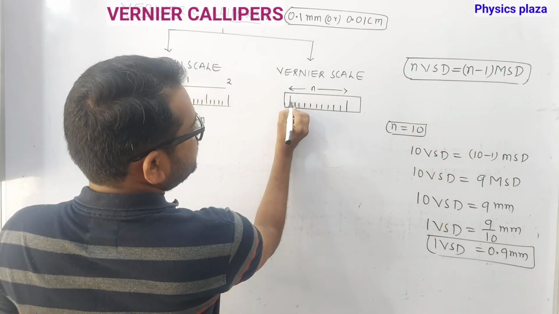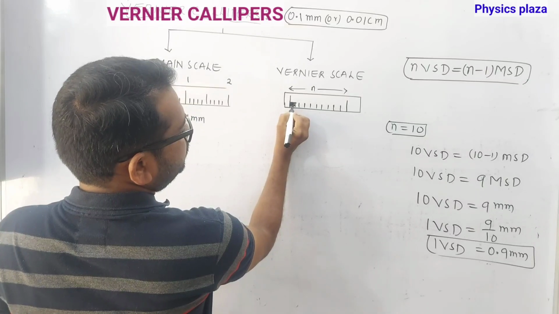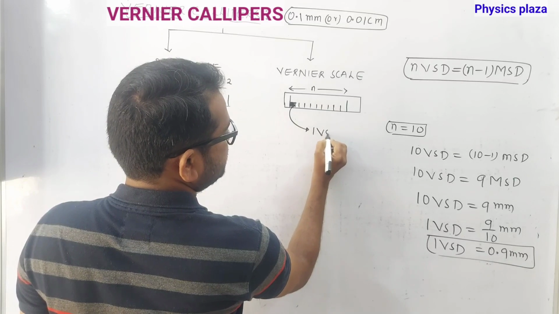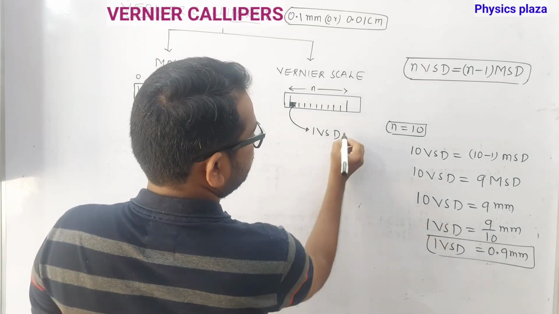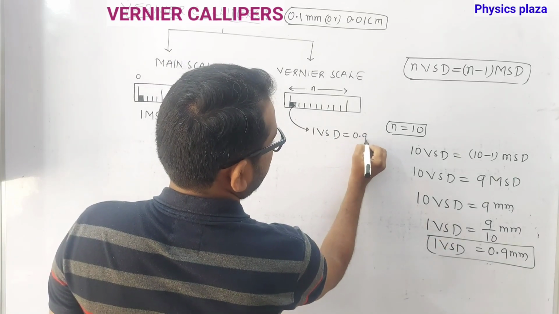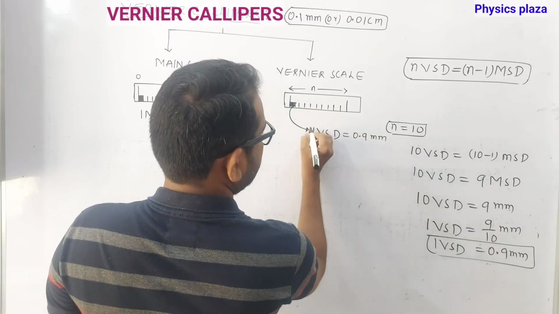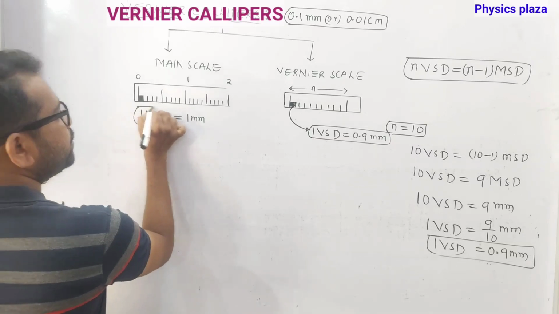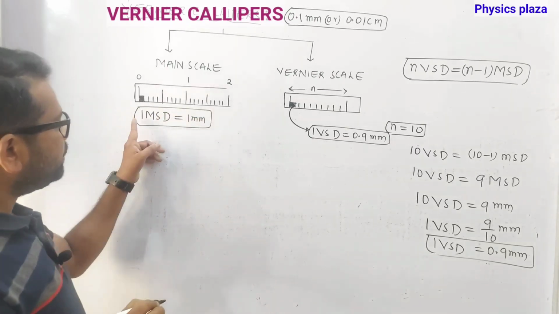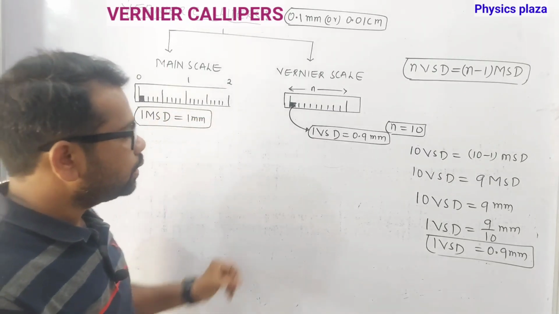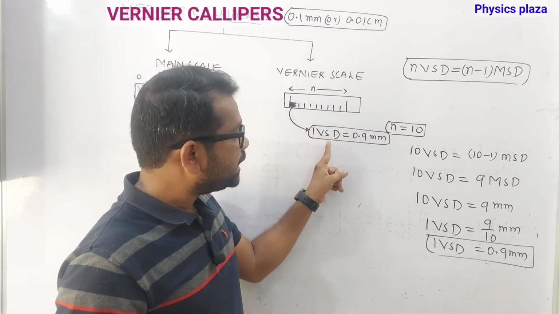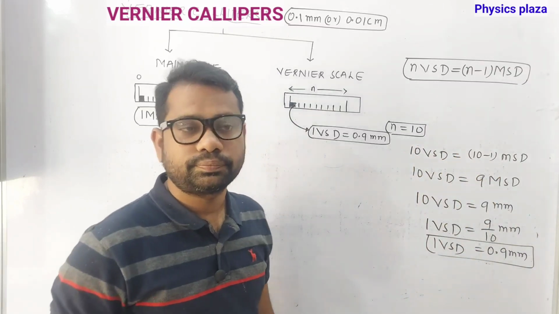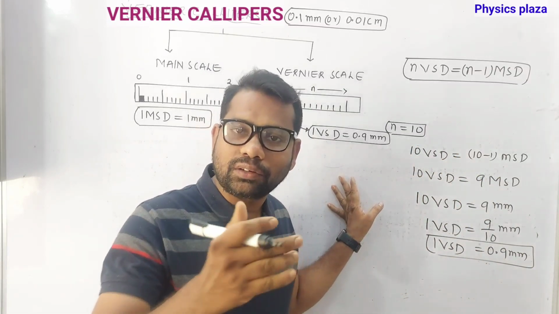So each division of the Vernier scale we can call 1 VSD, which is equal to 0.9 millimeter. Children, these two things we should remember. These are very, very important. One main scale division is equal to 1 millimeter, whereas one Vernier scale division is equal to 0.9 millimeter.